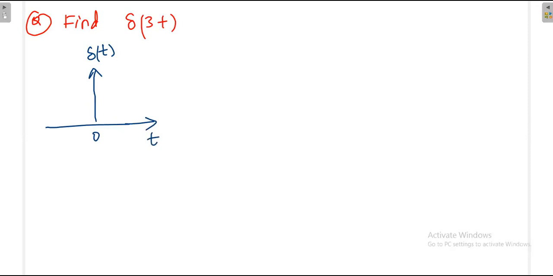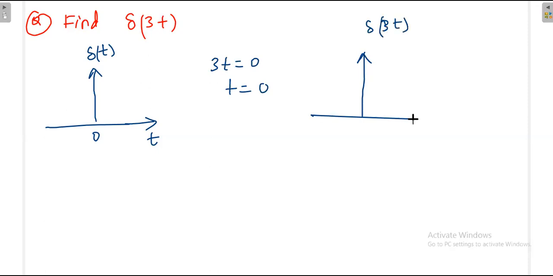If 3t is equal to 0, then t is equal to 0 only. So old values at t equal to 0 map to t equal to 0 again. So even if you draw del 3t, the impulse remains in the same position. Instead of 3 you can have 4 or 5, whatever, the impulse position will not change.